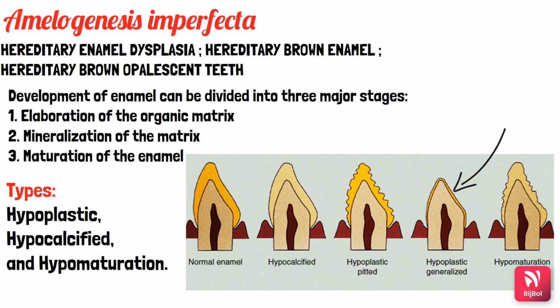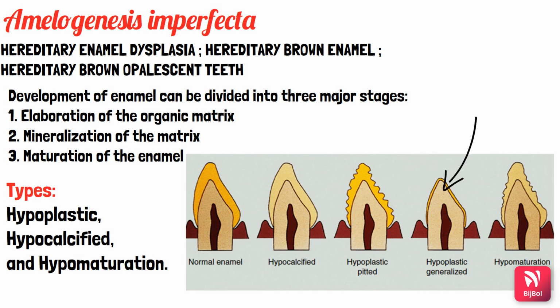In the generalized variant, there is a generalized absence of organic matrix, so only a thin portion of organic matrix has been deposited, which has undergone good mineralization and maturation. Next is hypocalcified, where the organic matrix deposition is good, but the mineralization is defective and maturation is also affected, resulting in very soft enamel.